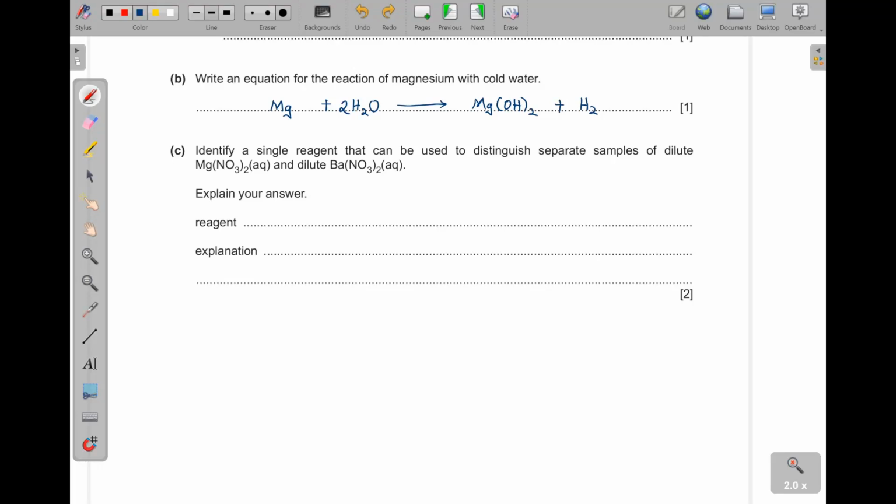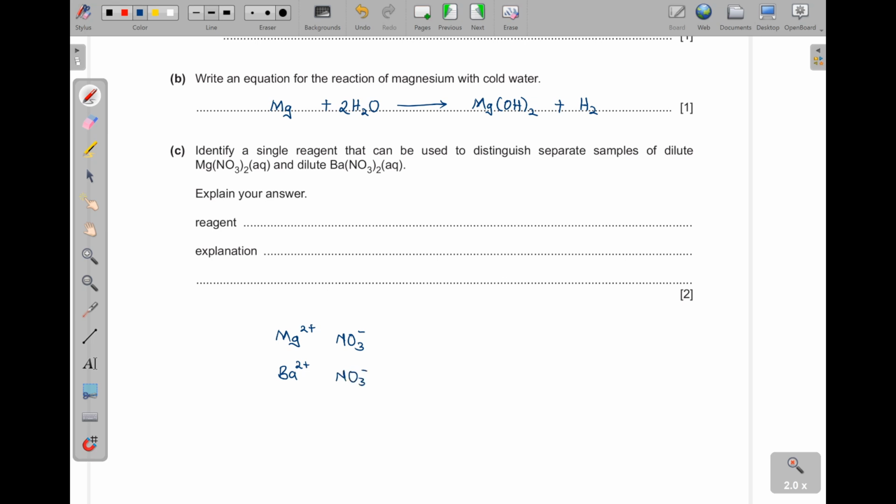Then part C, identify a single reagent that can be used to distinguish separate samples of dilute magnesium nitrate and dilute barium nitrate. In these dilute samples, we have magnesium ions and nitrate ions, and we also have barium ions and nitrate ions.